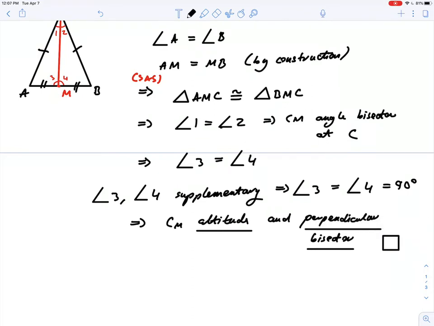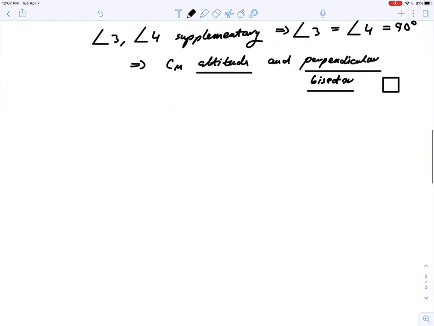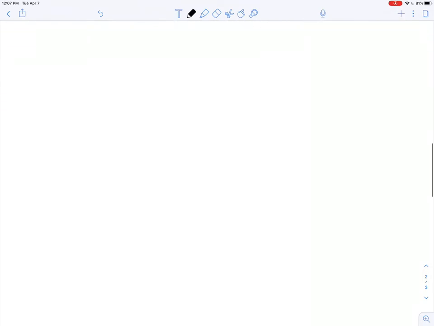All right, what next? Well, we want to think about some of the properties of angle bisectors in general, and perpendicular bisectors. So here's a really useful theorem, which is going to allow us to prove some pretty solid results.